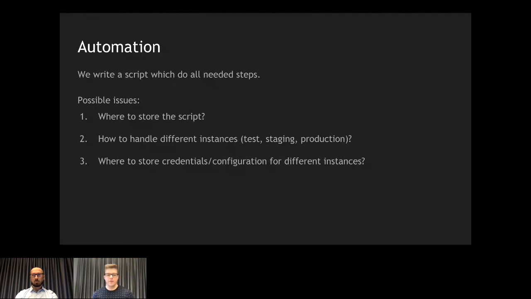For example, the configuration for the production version may be different than the configuration for our staging, because the secret keys will be different, the API keys will be different, and probably some passwords too. So all the secrets can be stored somewhere, and we probably don't want them to be public or shared with multiple people. So yeah, that's the problem.